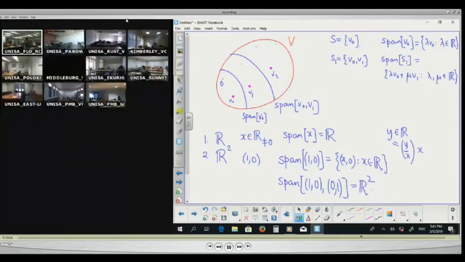Okay? And vector spaces for which you cannot find this stopping number, however big you might go on, you still have some, are called infinite dimensional spaces. So the vector space of all polynomials, for instance, is infinite dimensional.